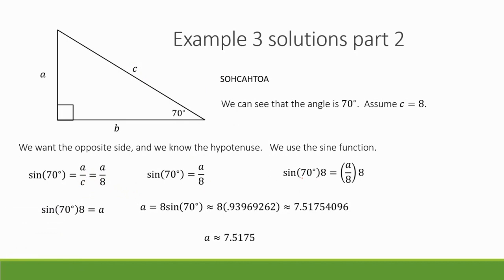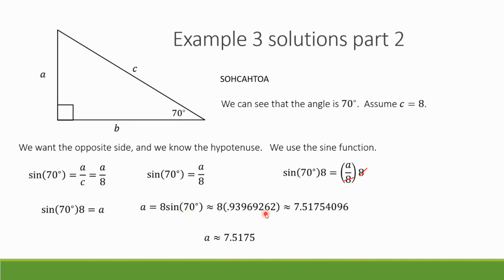So what do we do? Well, again, we want to solve for A. Let's multiply both sides by 8. These cancel. You get sine of 70 degrees times 8 equals A. And so A is 8 times sine of 70 degrees.